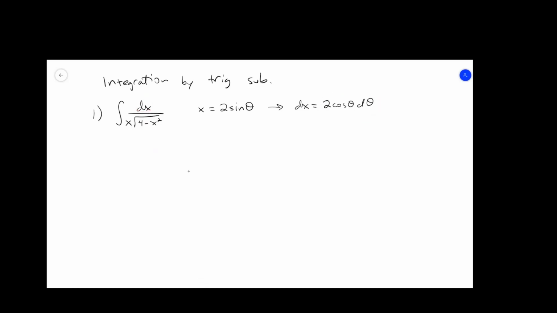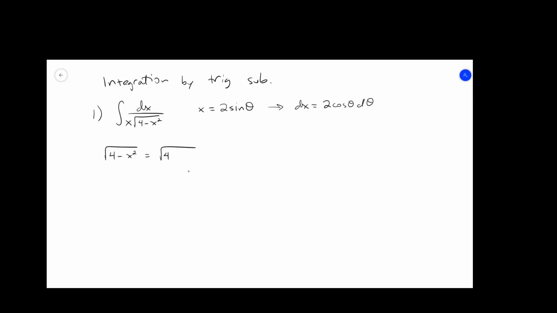Okay, now the main point of this integration by trig substitution is what's going to happen to that radical term. And so let's see what happens to it with this substitution and why this works so nicely. So x is 2 sine theta, so what I'm going to do is replace the x with what we said it was in the substitution.